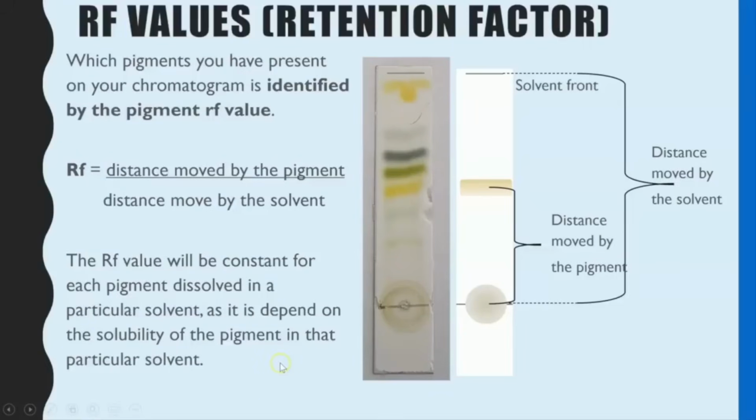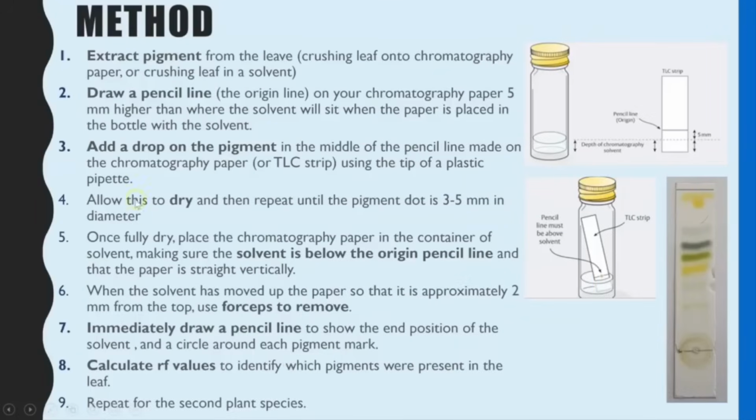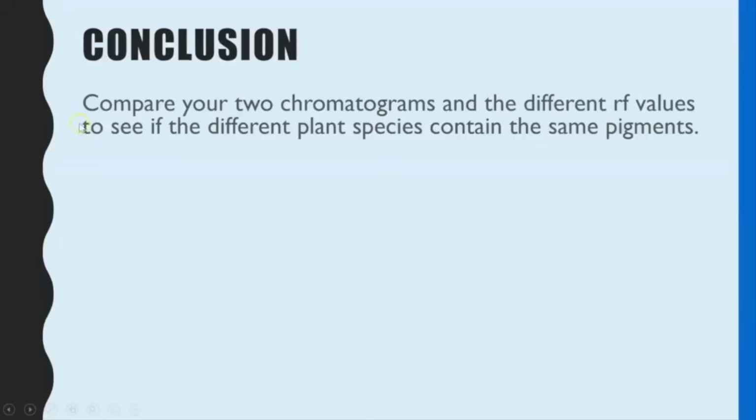Once you've done that for your first leaf, you would then do exactly that same method again for your second leaf, and you can then compare whether you think you do or do not have the same pigments in those two leaves. And that's what would take you to the conclusion. So comparing your two chromatograms and the RF values to see, do different plant species from different environments contain the same pigments or not?